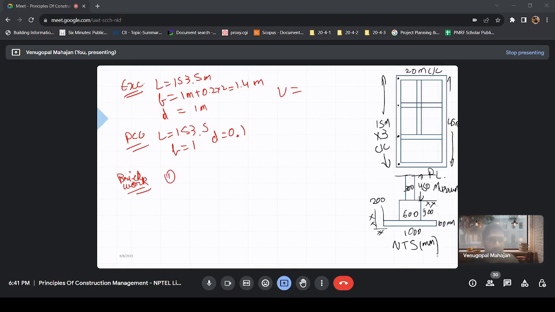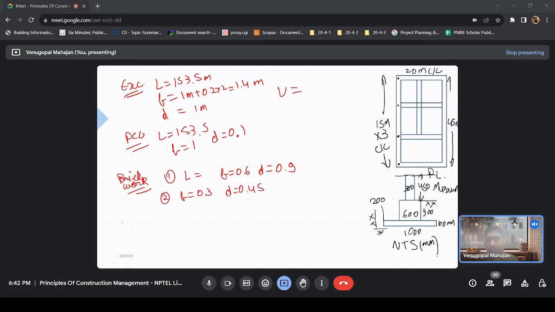For first, it is 600 mm, right? L would be same, B would be 0.6, and D would be 0.9. For second, B would become 0.3 and D would become 0.45. Right?